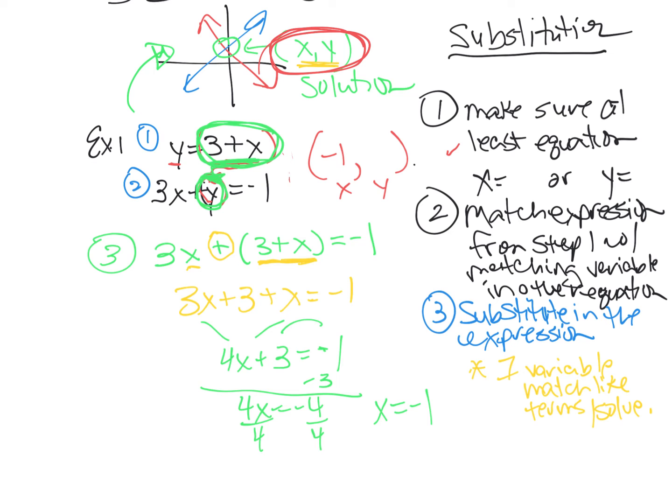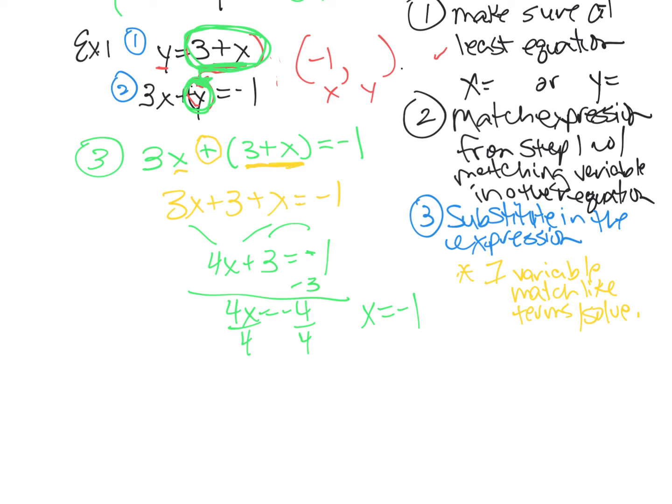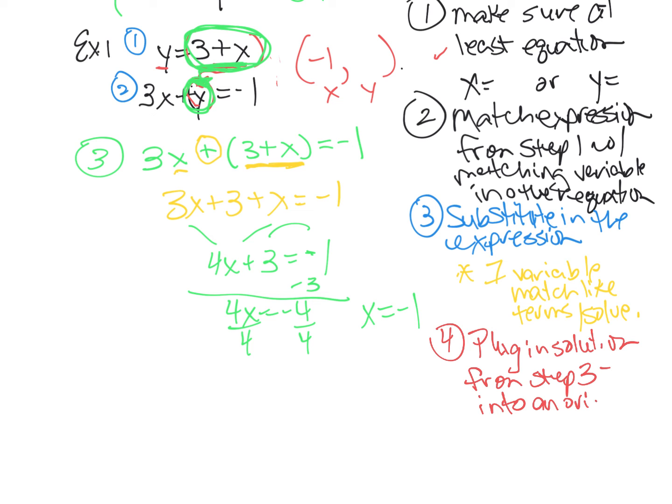So our last step is we are going to plug that in. So I'm going to move this up. Last step, we are going to plug in the solution from step 3 into an original equation to solve for the last variable.